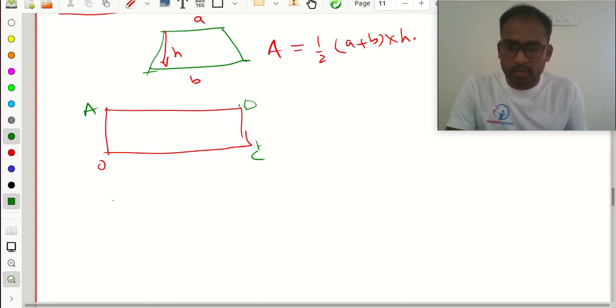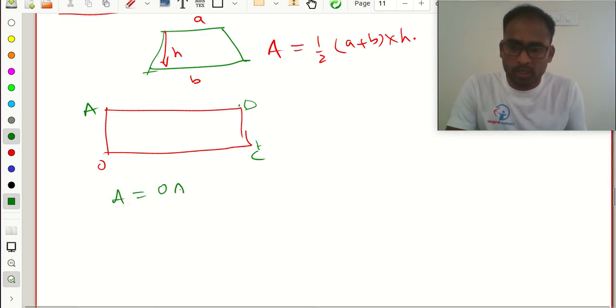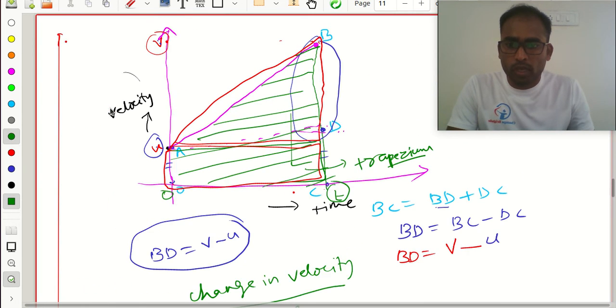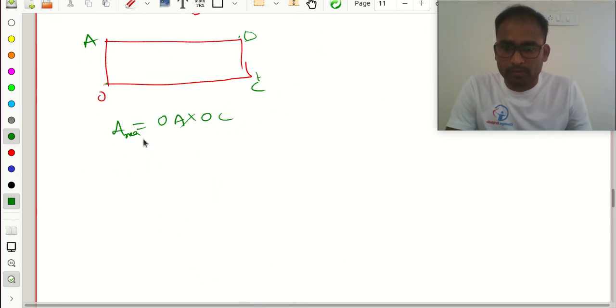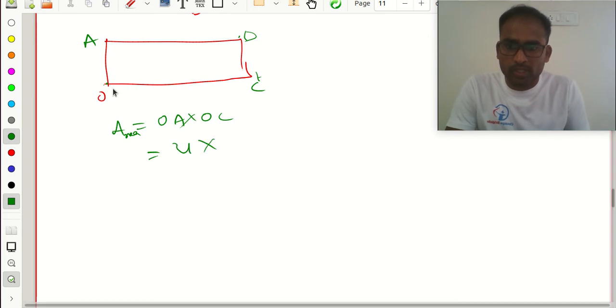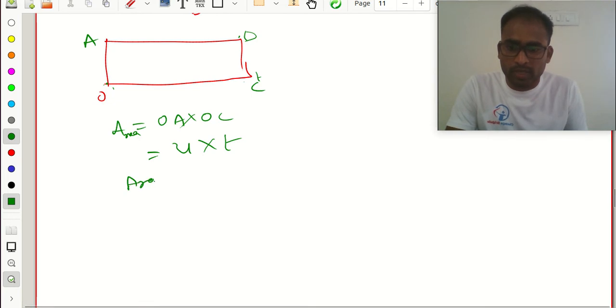OA into OC. OA is U only, na? OA is U. OC is time t only. So area of rectangle is equal to U into T.